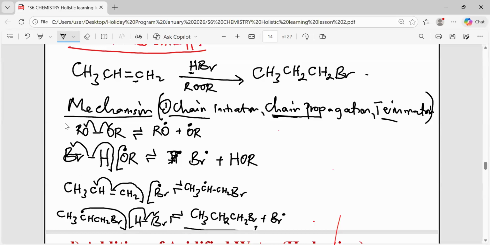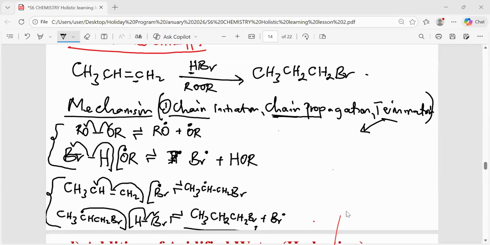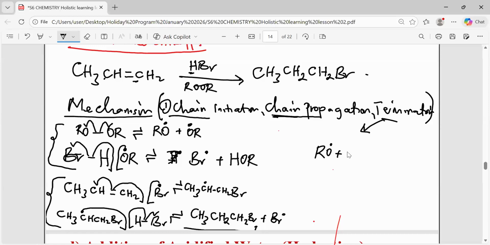And all this was our initial stage, chain initiation. This is our chain propagation. And now let's look at termination. In chain termination is where we bring all these free radicals and combine them together. So we shall bring back our free radicals here, R, and here we use full arrows.